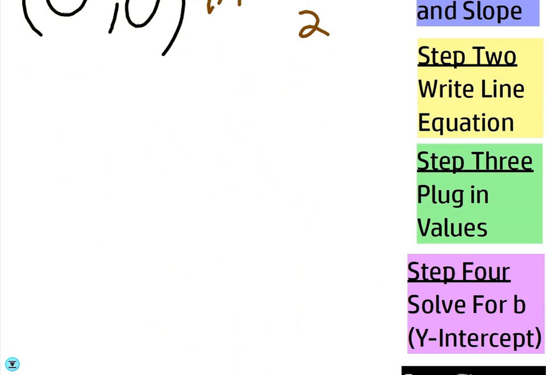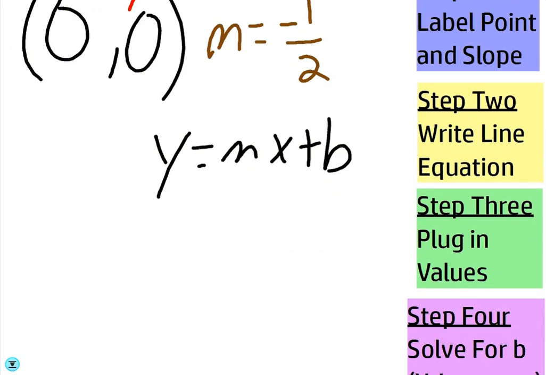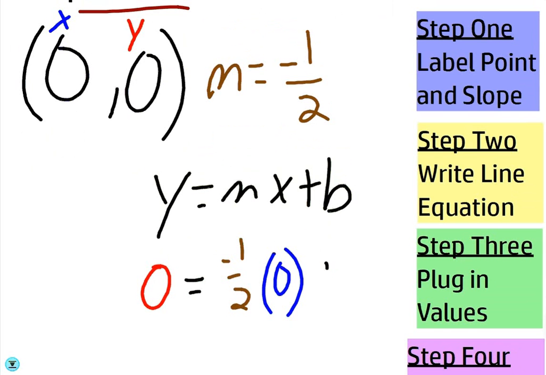Like I've done in the other examples, y equals mx plus b. And then just plug the values in. This one's easy because you got a bunch of zeros. 0 goes in for y. Slope is negative 1/2. X is 0, again, put that in parentheses, equals b.